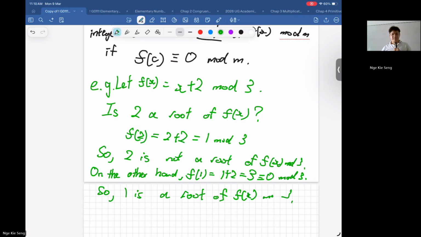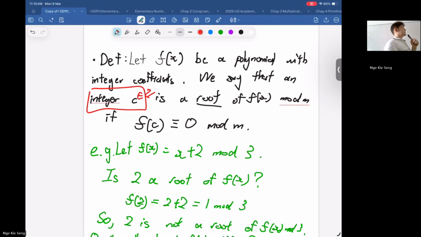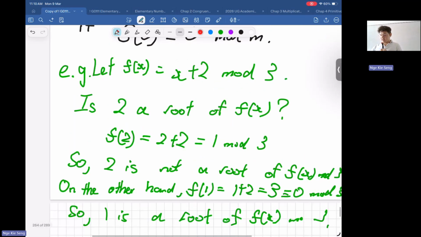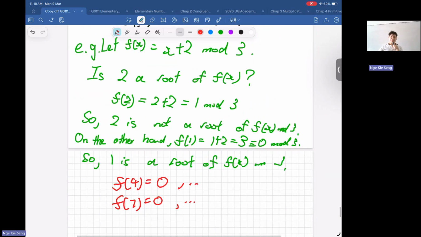The roots here are taken from the integers. So f(4) is also 0, f(7) is also 0, and so on. These are the roots of f(x). So far, okay or not?